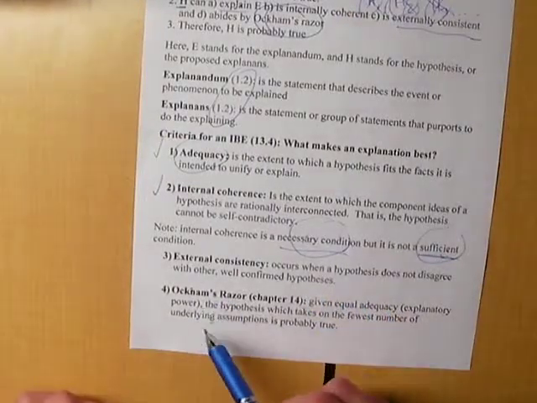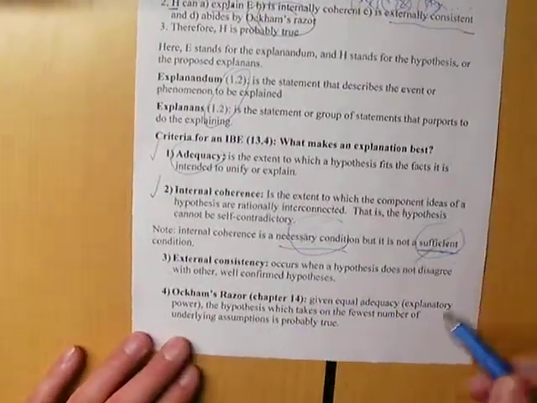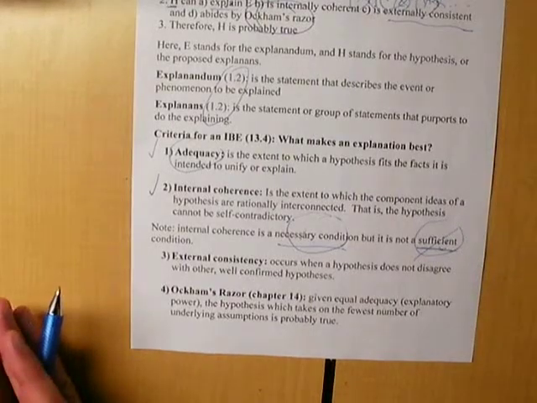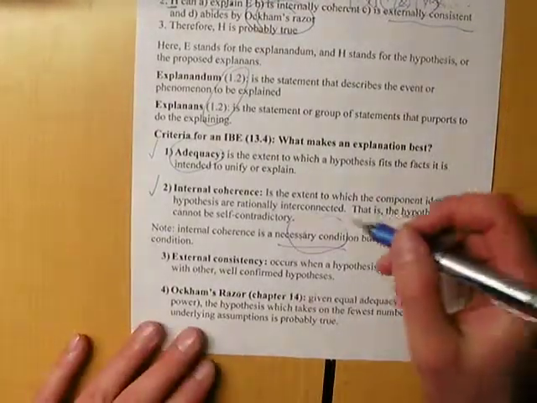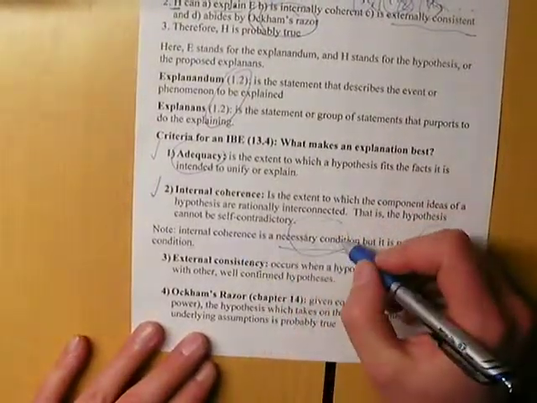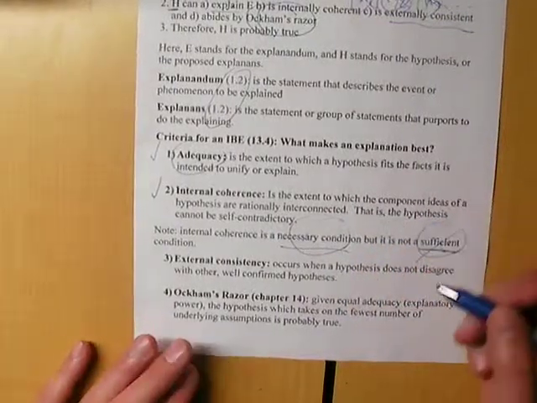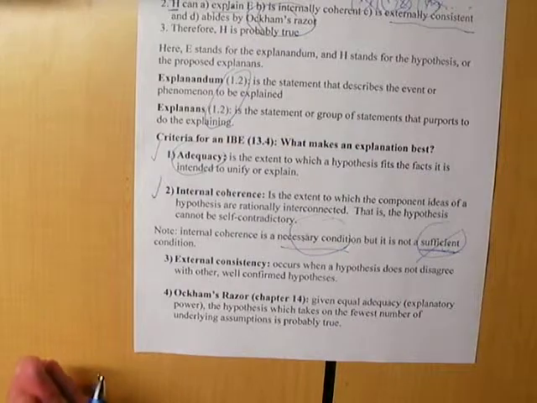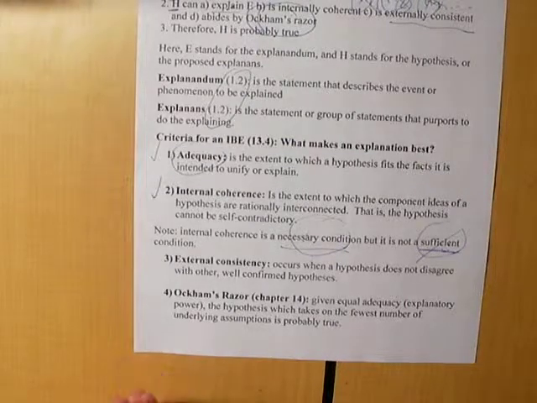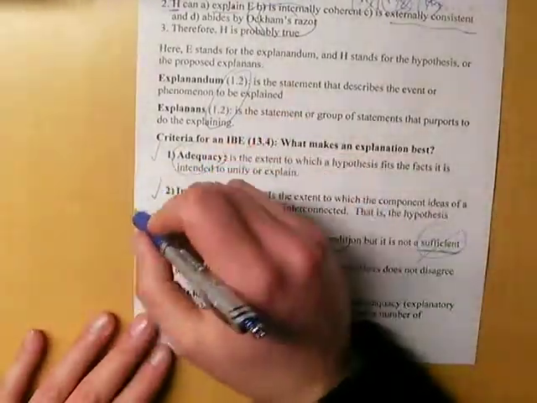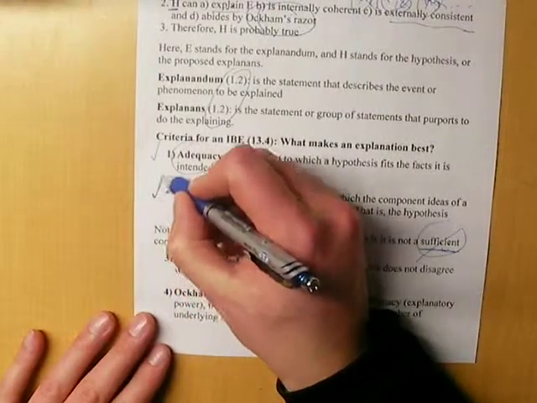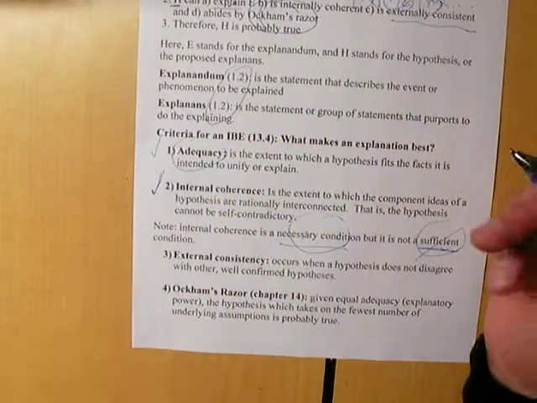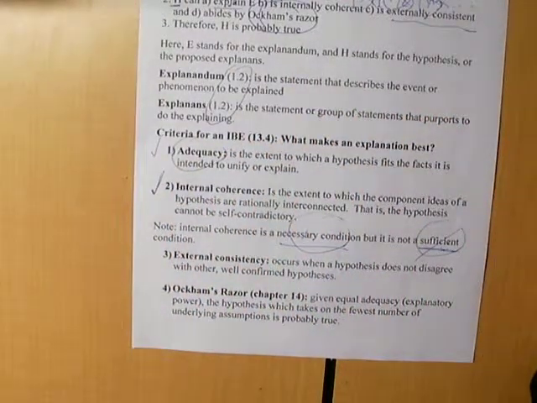So internal coherence is not a sufficient condition. Just because it's internally coherent doesn't mean it's true. However, internal coherence is a necessary condition for truth, which is to say, if a theory is true, it's got to be internally coherent. So our hypothesis has to be internally coherent. But again, just because our hypothesis is internally coherent doesn't mean that it's true.